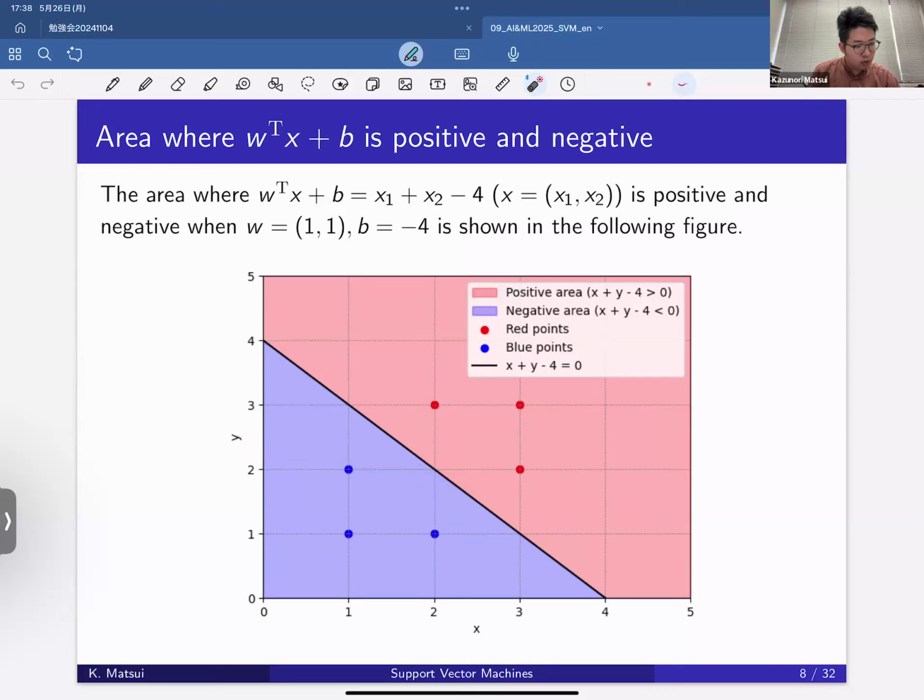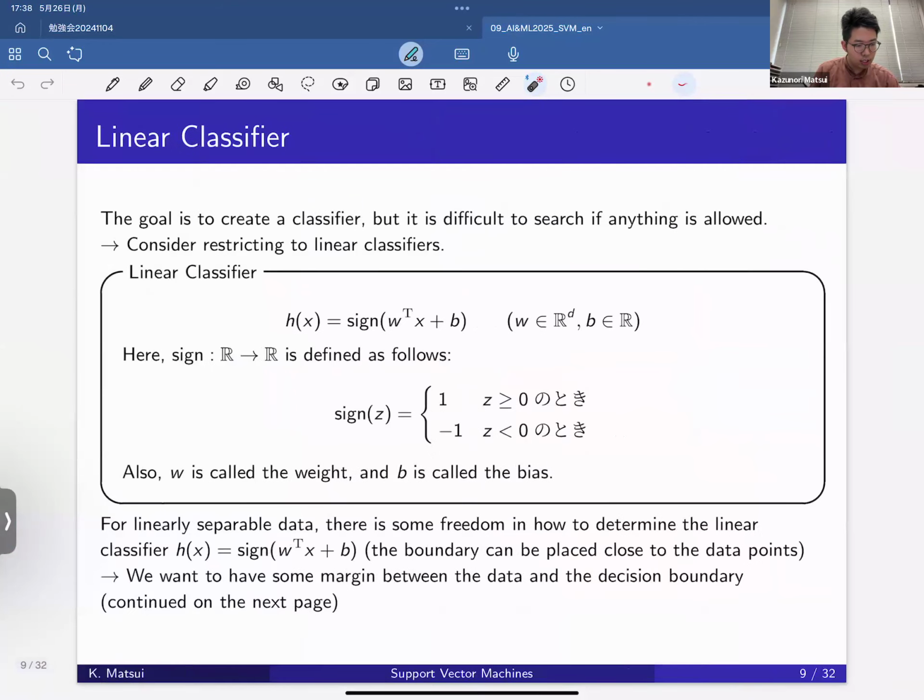So there is freedom in how to decide. What we want to do with the support vector machine this time is to have as much margin as possible between the data and the decision boundary.